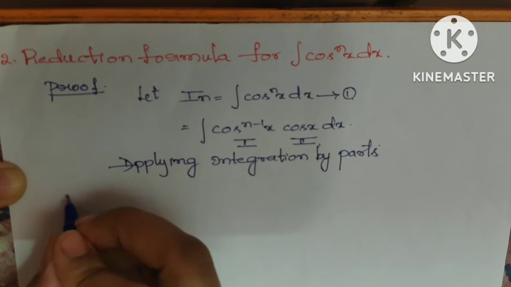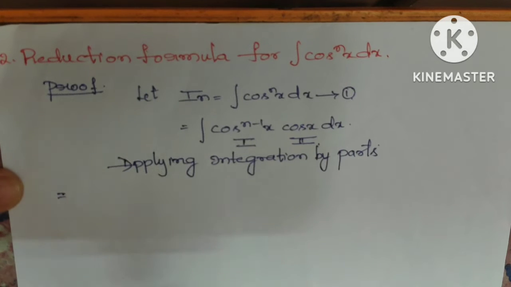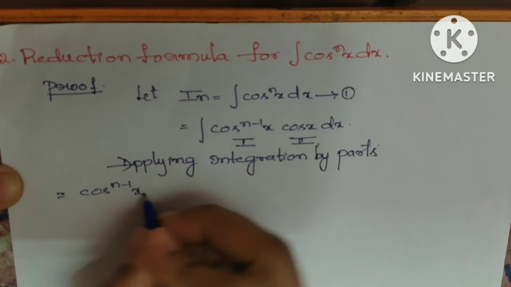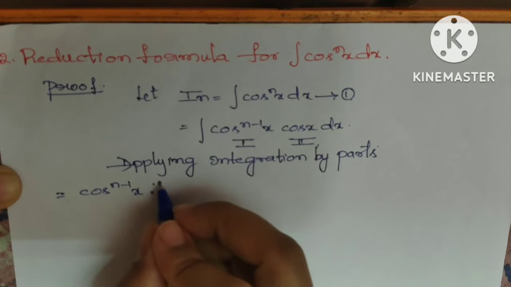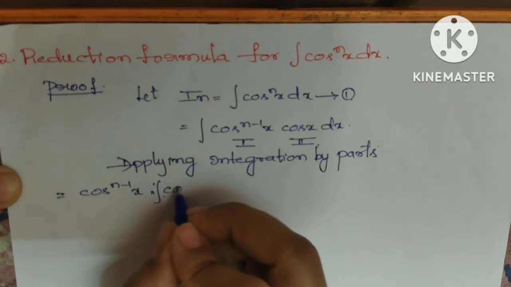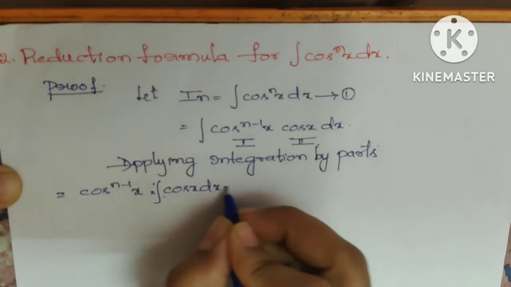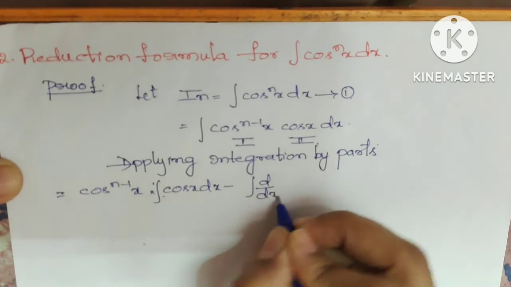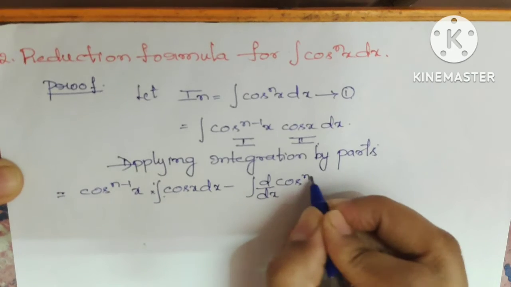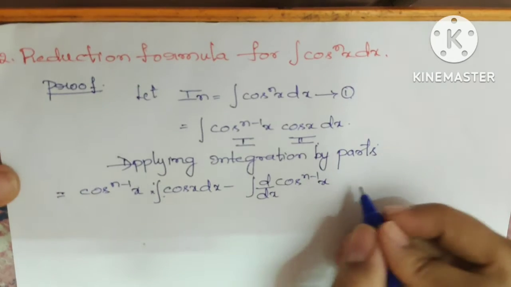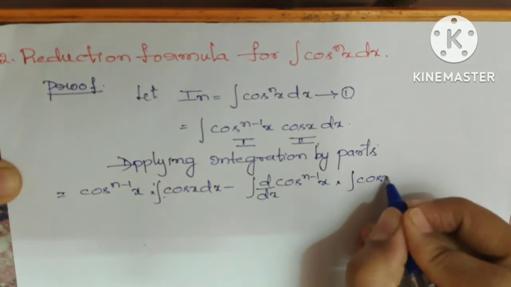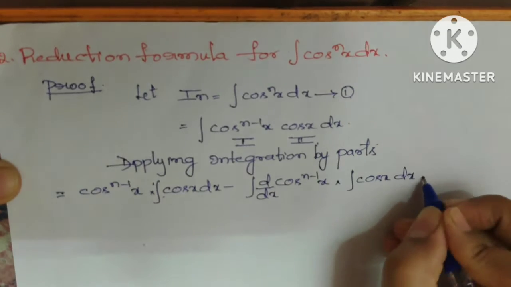So this equals first function cos power n minus 1x into integration of second function is cos x into dx minus integration of differentiation of first function cos power n minus 1x into integration of second function is cos x into dx.